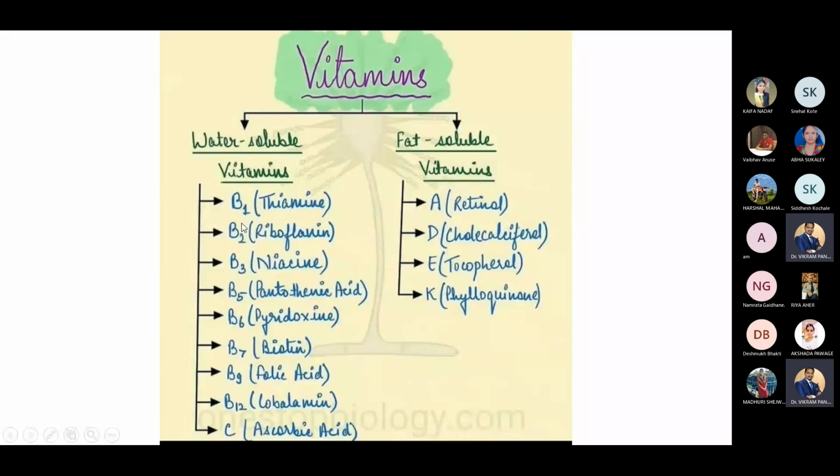Or which metals are present here, that is a second type of question. And in the third category, they will give B1, B2, B3, B5, these four names on the right hand side, and you have to match the following. This might become a 4 marks question.